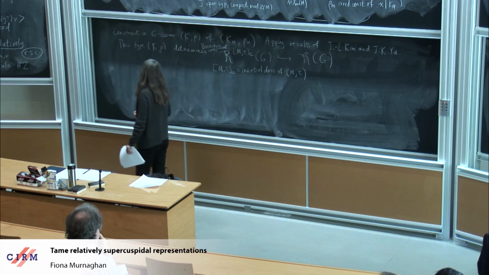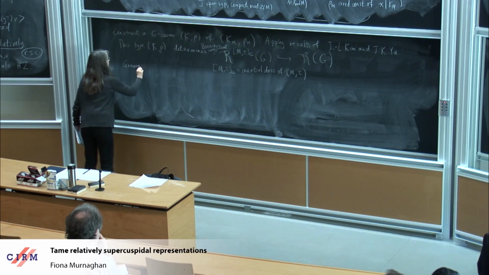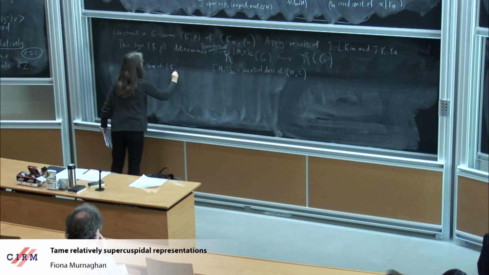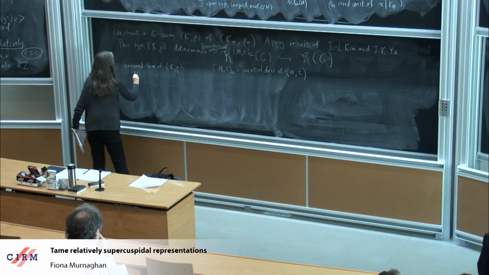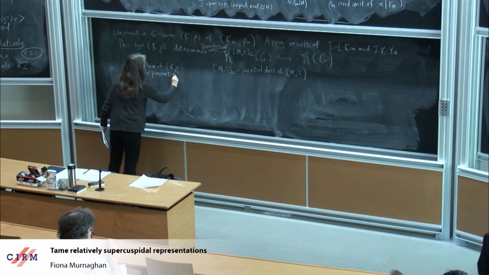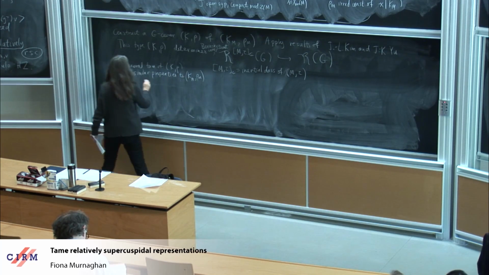So the general form of K rho has similar properties to K_M rho_M, except at the level of the group G in particular.